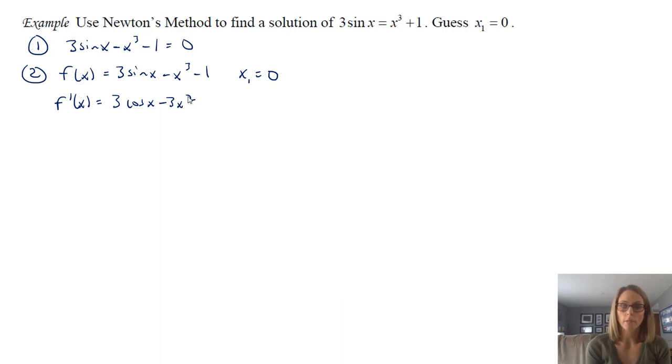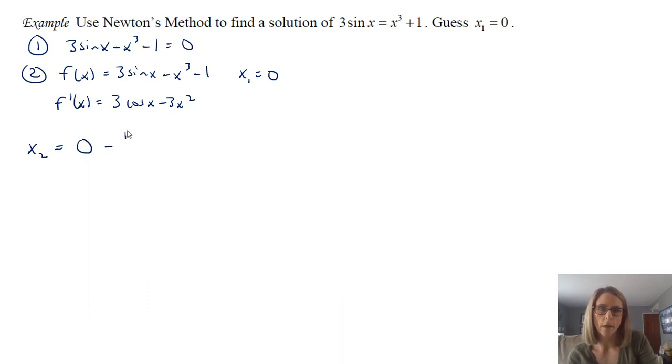So we're going to be plugging in values to our f of x and our f prime of x. Other than that, everything's the same. We have our x sub 1, our x sub 2, and another way to write it would be 0 minus f of 0 divided by f prime of 0.